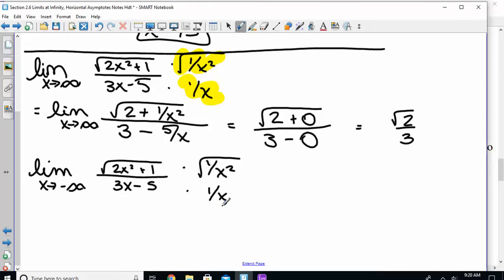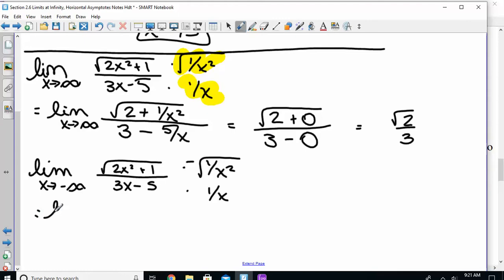If you're going to negative infinity, 1 over a negative number is going to be negative. 1 over a negative squared is going to be positive. So are these two things equivalent right now? What do I need to do to one of them? Put a negative on the front. Okay, I had to do one right off the bat to show you that you could get different answers here. So that square root is what's causing that.